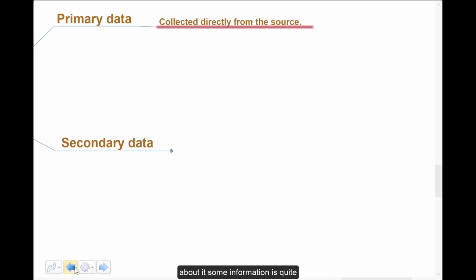Well, think about it. Some information is quite easily had. So, as an example, if I was looking for management information in relation to results over the last 3 months, that would be fairly easy to find, because I could simply dig into the management accounting system. The source is the company.